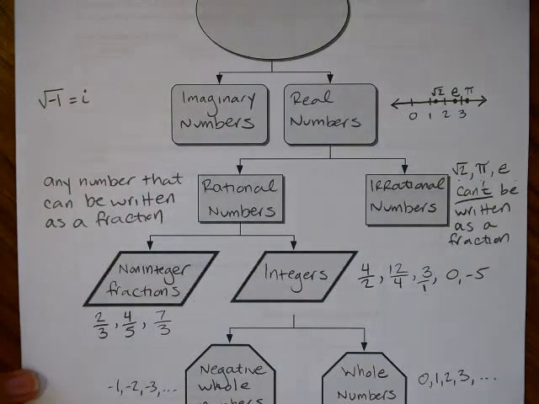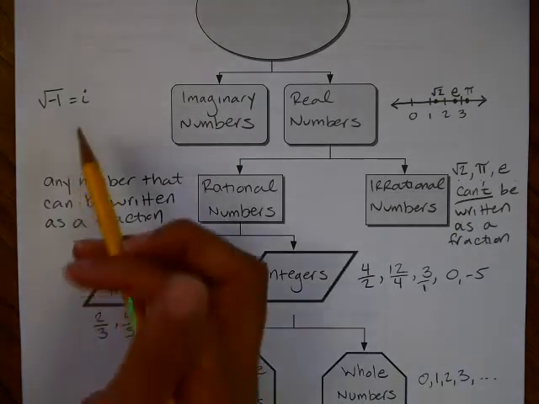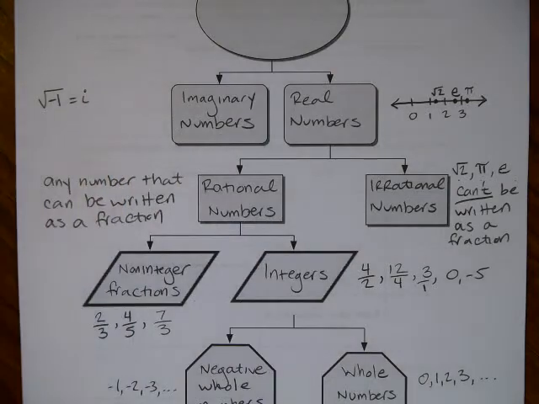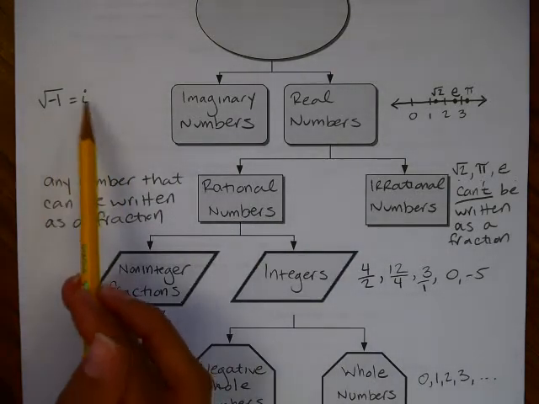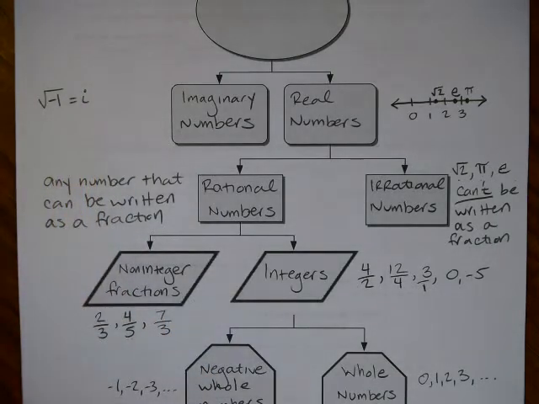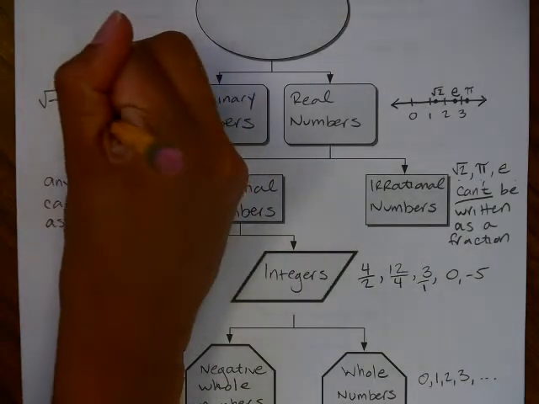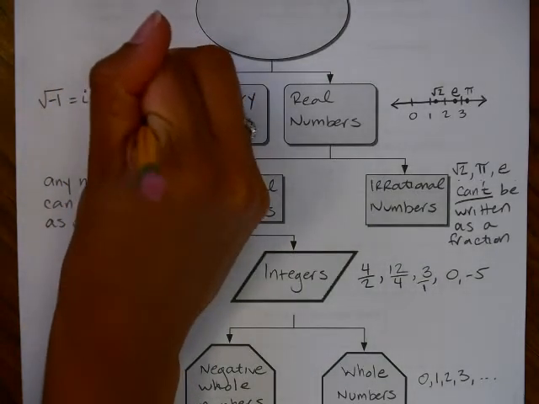I think it was about the 1700s when mathematicians said, what, we're not allowed to take the square root of a negative? We want to. And so they decided to call it i, which then allowed them to do math with it. And don't worry, we'll get a chance this year to look at these imaginary numbers a lot. So a few other examples of imaginary numbers: 5i, -6i.